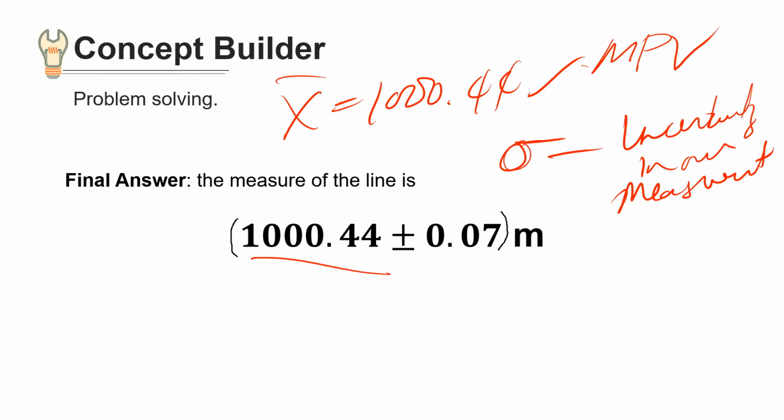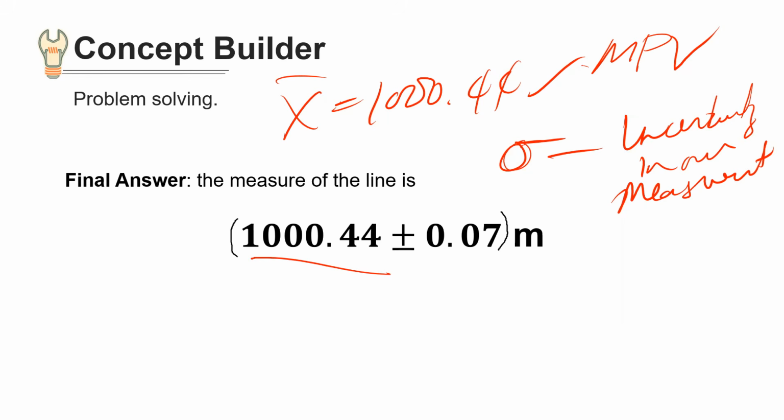Since we do not know the actual value, we suppose that the mean is the most probable value, but since there is a doubt in our mean, we include the measure of uncertainty, which is the standard deviation. Therefore, the true value lies between 1,000.44 plus or minus 0.07 meter.